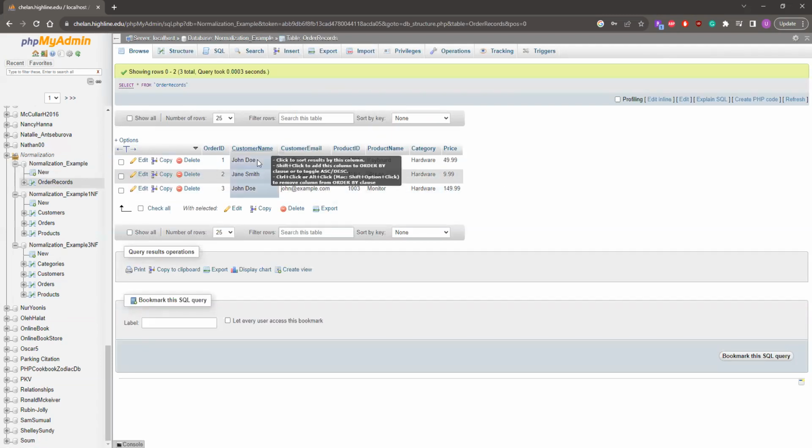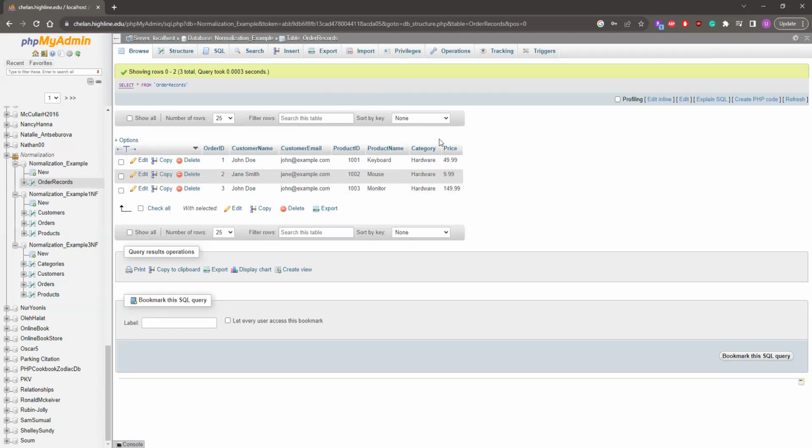When you have order records and you look at the data, we can actually divide that up into several different tables. Let's say customer name and customer email could be one table, the customer information. Then we have product ID and product name, which would be the product table.